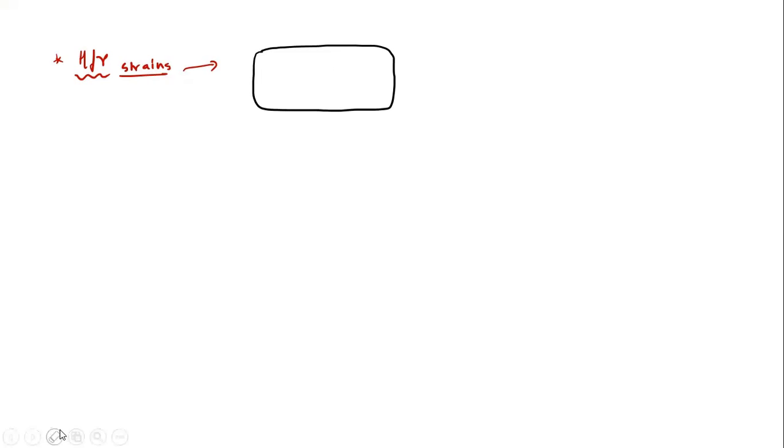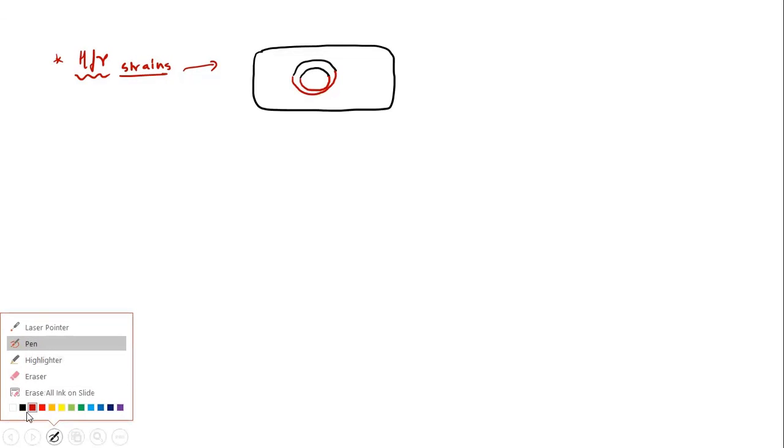Consider that this is your main chromosome. In your main chromosome, a portion of the F factor gets integrated, right? Then such strains would be called HFR strains.